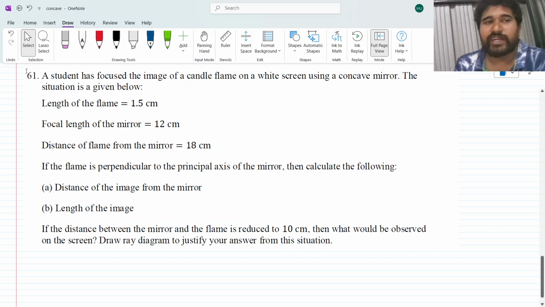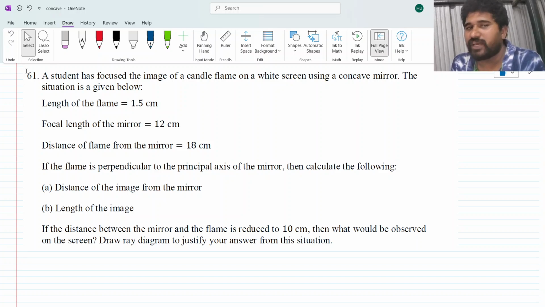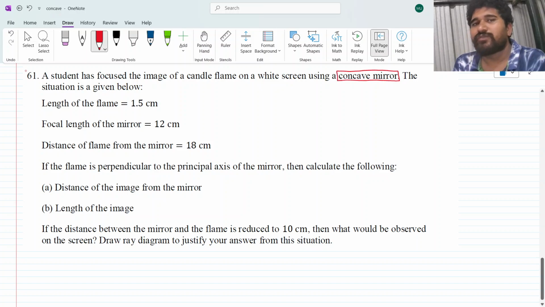A student has focused the image of a candle flame on a white screen using a concave mirror. Remember, when you are reading, first you have to highlight which mirror you are using. Which mirror?